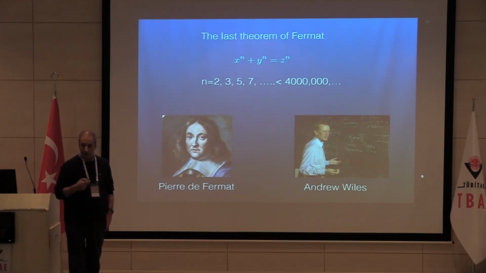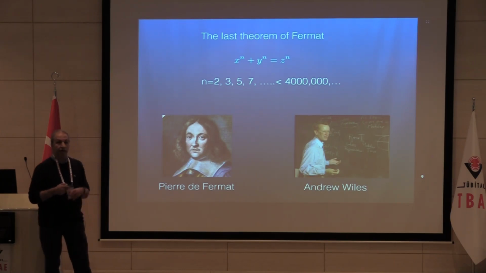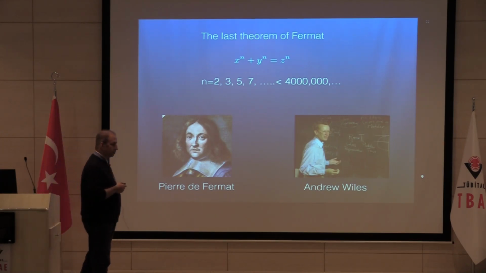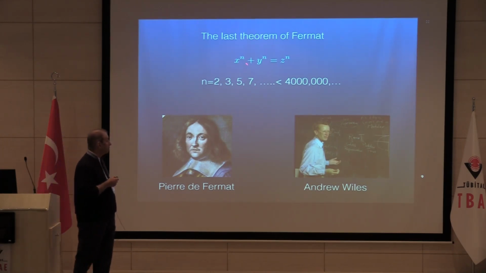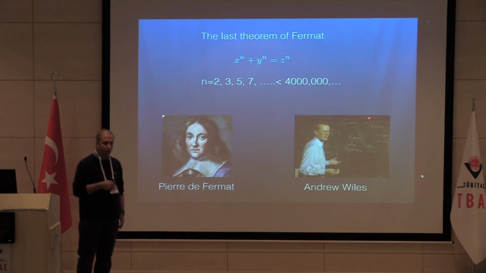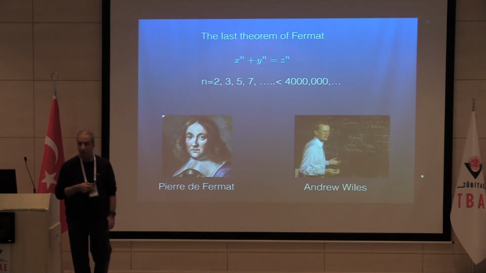They came up with exact proofs. But they wanted a proof for any n, so they developed a theory and proved that it's true if n is less than 4 million. They proved it for all prime numbers less than 4 million.